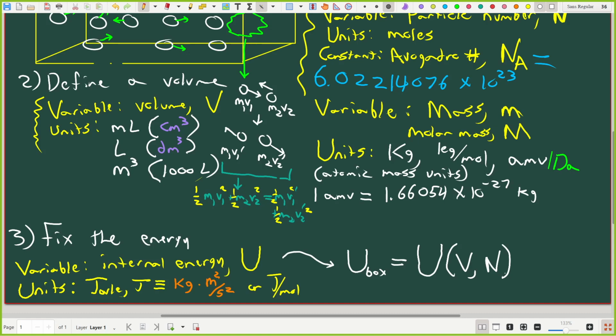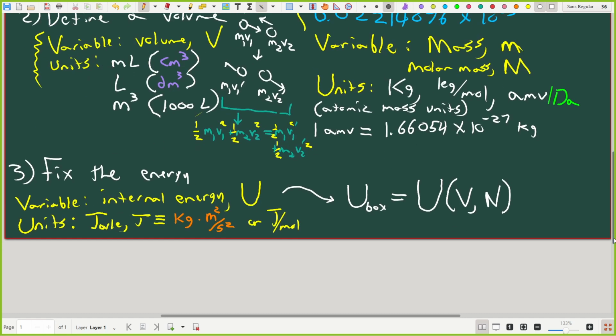Once again, we have nothing here about temperature yet. We have to think about temperature. So total internal energy has something to do with volume and number. We have terms for these variables. These inputs, V and N, are called extensive variables or extensive properties.